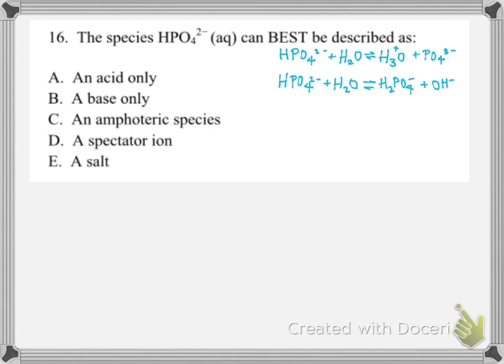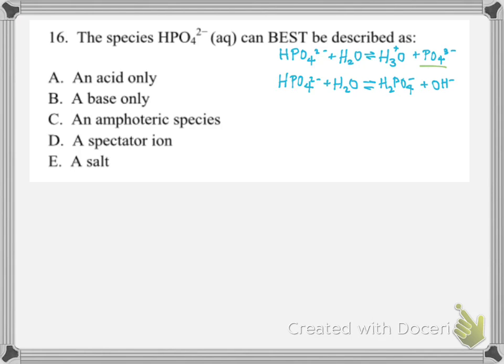Problem 16 is asking us about HPO4 2- and what kind of species it is. We can take HPO4 2- and add it to water, and there are two possible things that can happen. Either it can deprotonate to form just the phosphate anion, having donated a proton to form hydronium.